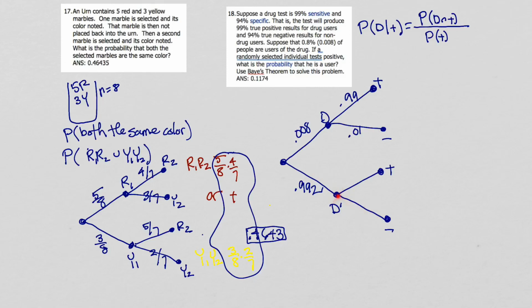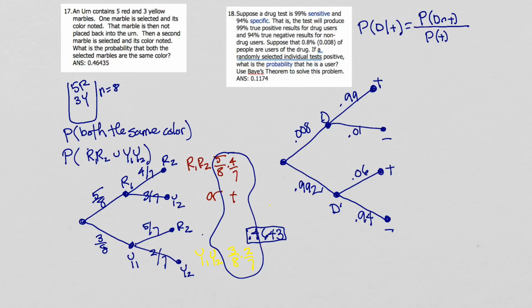If you're not using the drug, you get a negative result. That's given up here: 94% true results for non-users. So you get a negative if you're a non-user, and that will happen 94% of the time. So this is 0.94, and so this must be 0.06, and that is a false positive, right? Because it says you're using it when you're not.